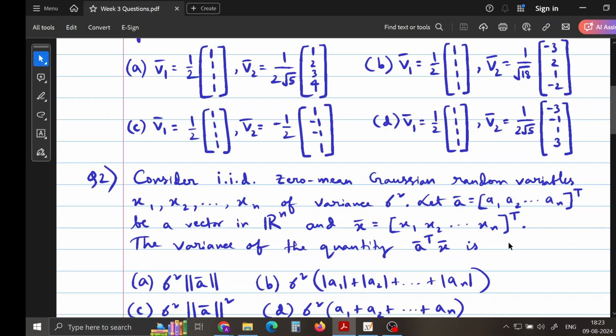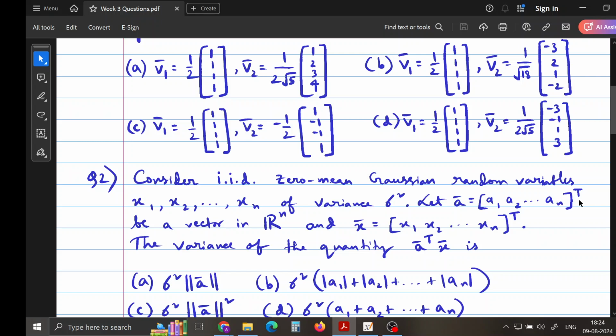And we are given a real n-dimensional vector a bar with the elements a1, a2, all the way till an. I have written it as a row vector, but it's actually a transpose of it, so it's a column vector, an n cross 1 vector.